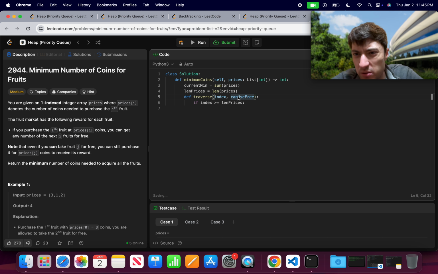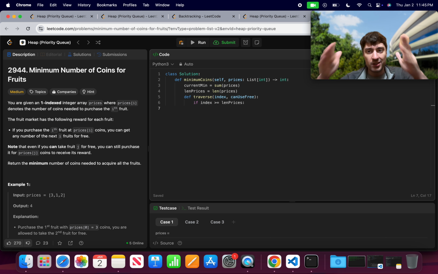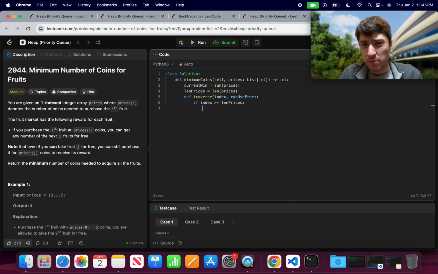This is going to be the variable that I use to determine, for this index, can I actually use it? But if I've hit the end of the list, I know that I included all of the prices, because I'm out of bounds.